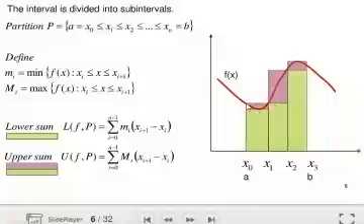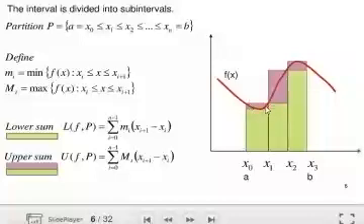So if you complete this rectangle, you can find the area of this rectangle.